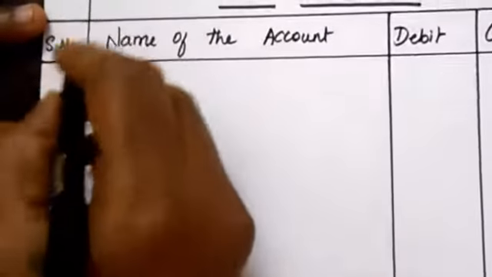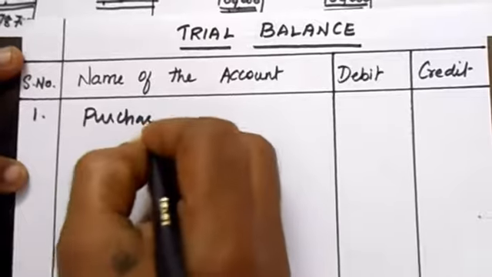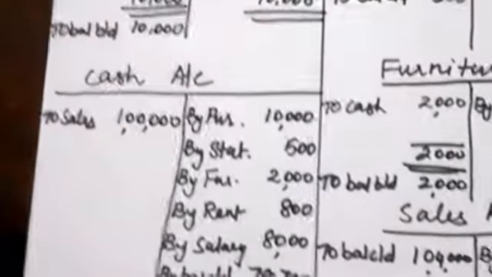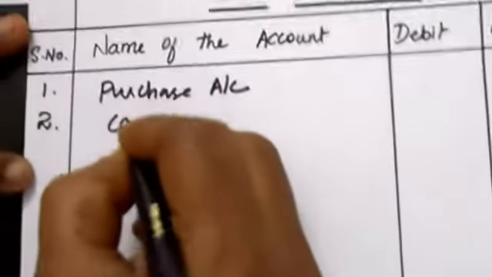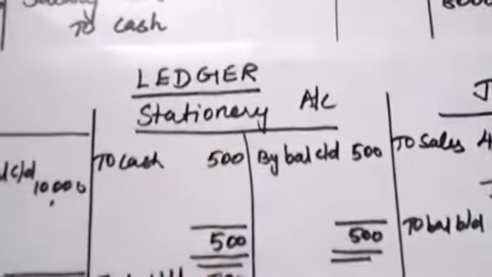So just see the first one, purchase account. Purchase account should be recorded in trial balance. So serial number 1, purchase account. Second one, cash account. Third account, stationery account.